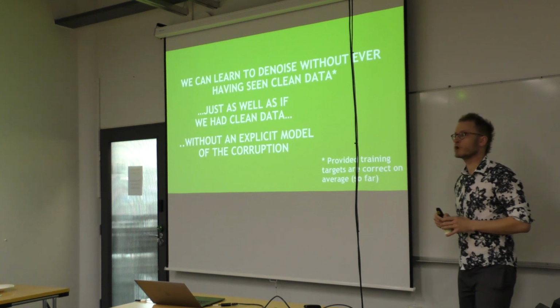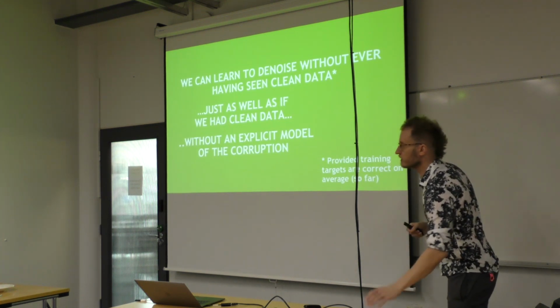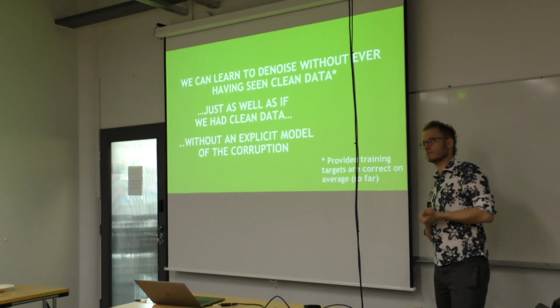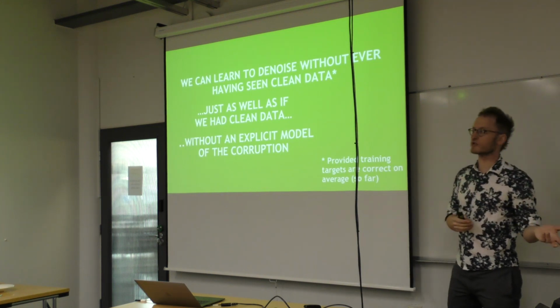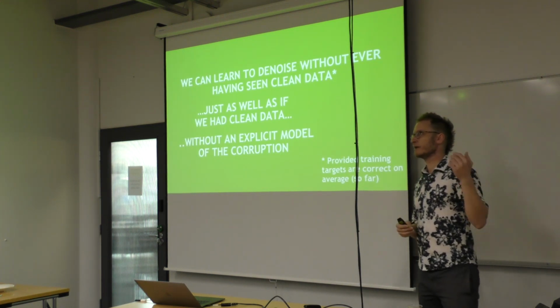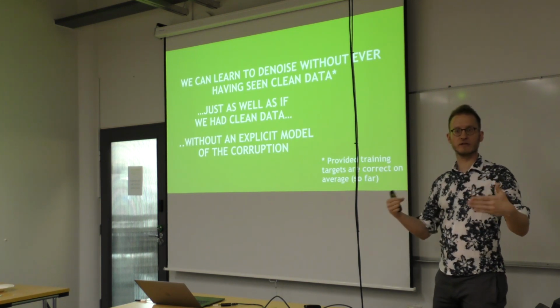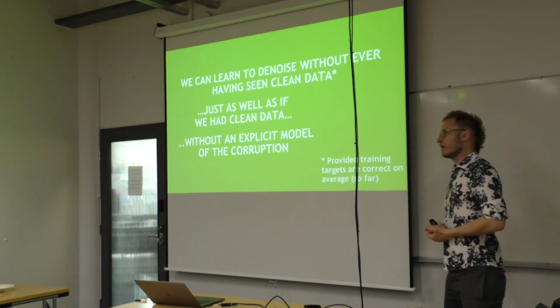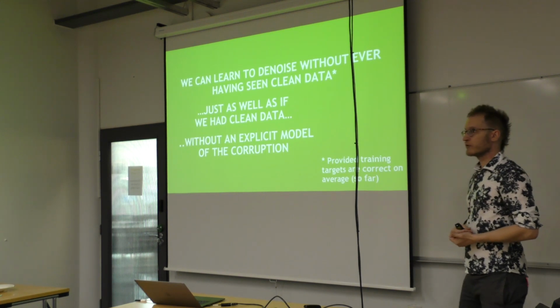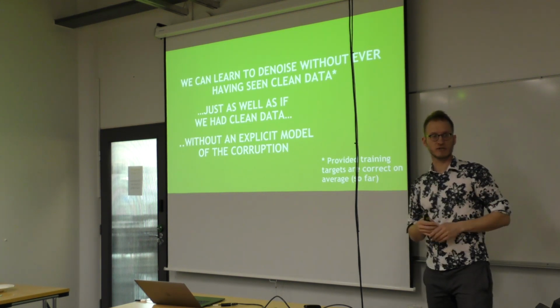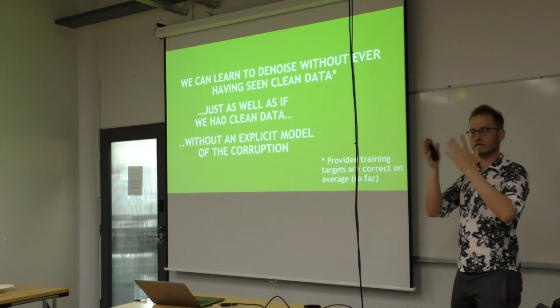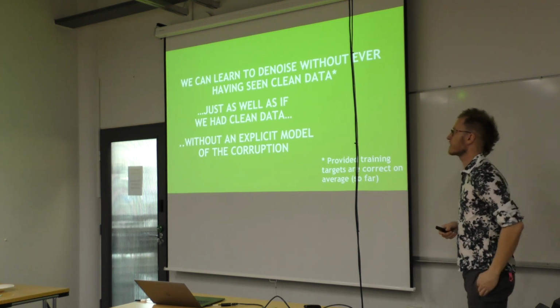I don't need to know if the corruption in that image is, say, Gaussian additive noise. I don't need to know if it's Poisson noise, that is to say photon noise familiar from cameras. I don't need to know if it's brown noise, where you take Gaussian white noise and blur it spatially so that the frequency content is different.